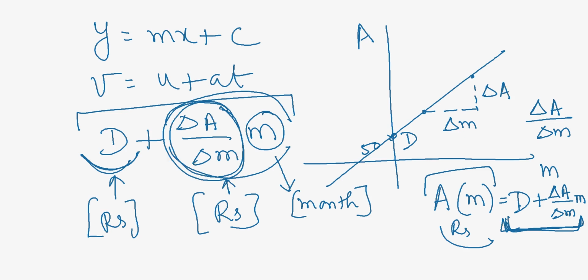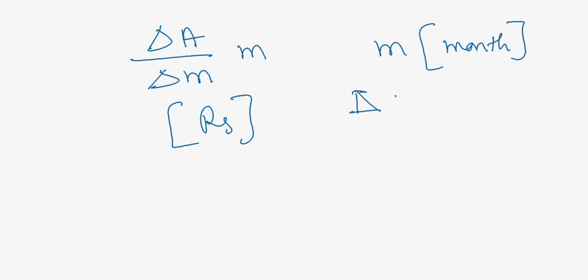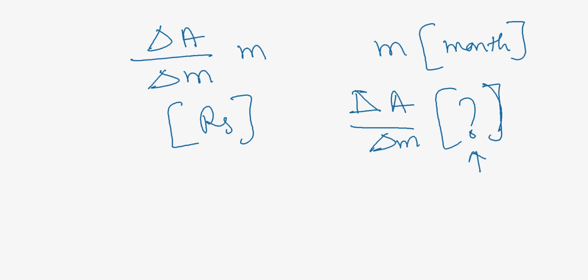Do you see how they are all connected and how the understanding can be expanded? So we are saying that delta A by delta M multiplied by M, the whole thing is rupees. The M alone is a month. So now we are questioning what the unit of delta A by delta M is. If you want to know that, we can always use algebra as a handy tool.